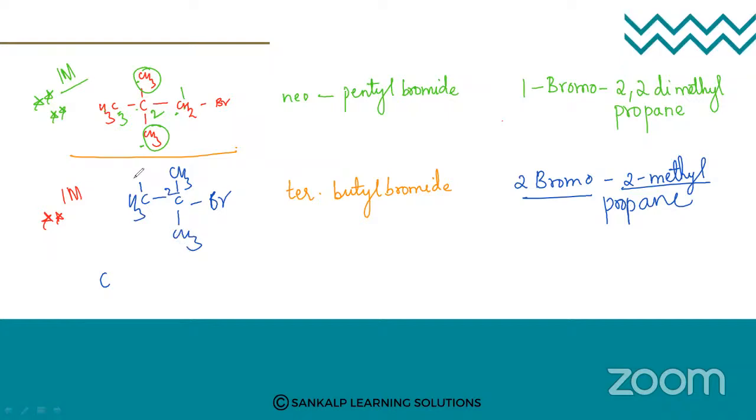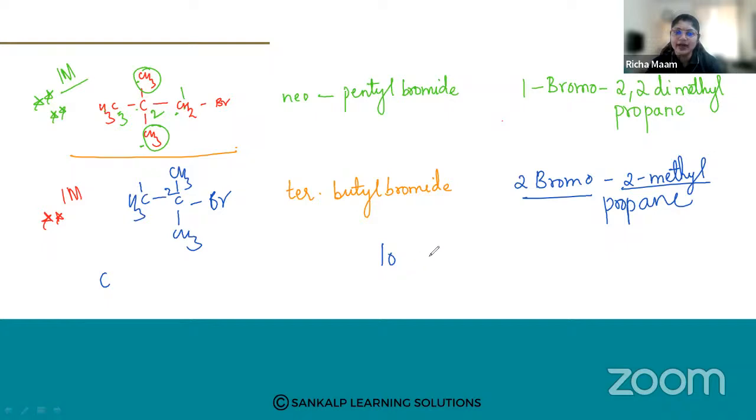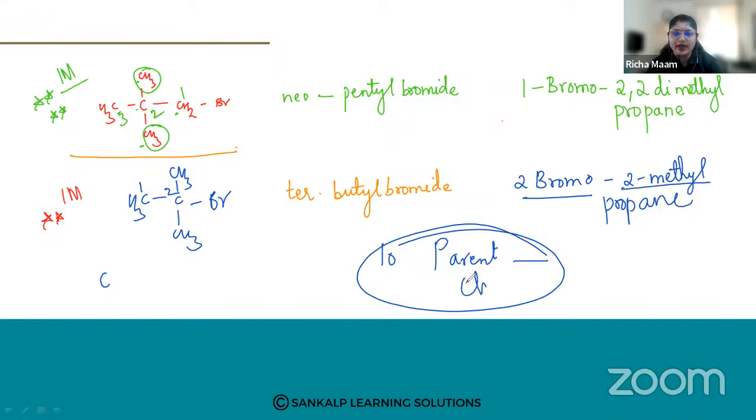Right. Whenever I'm taking the parent chain, I have to see that the maximum carbon atoms are covered in the parent chain. The parent chain should be the longest chain. We say the longest carbon chain.